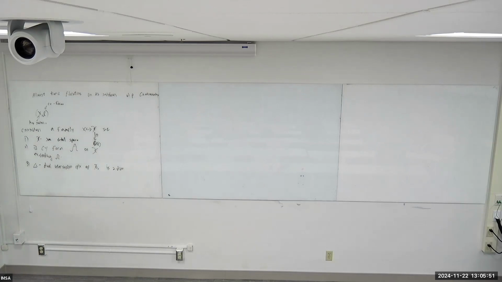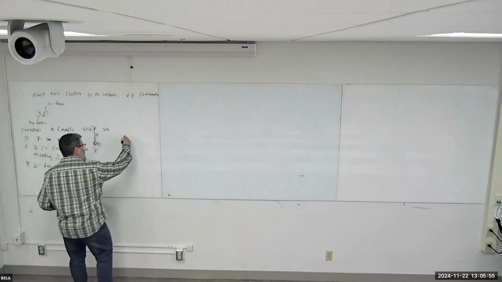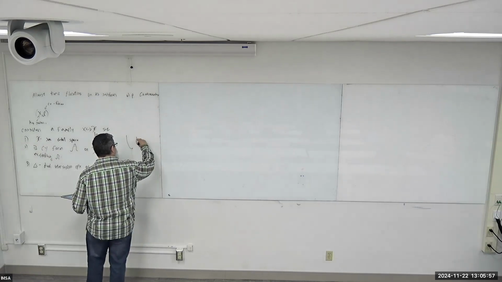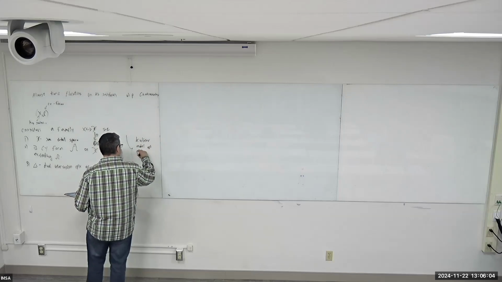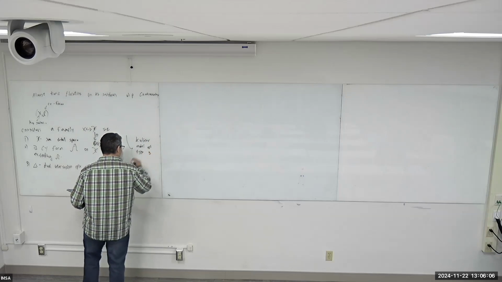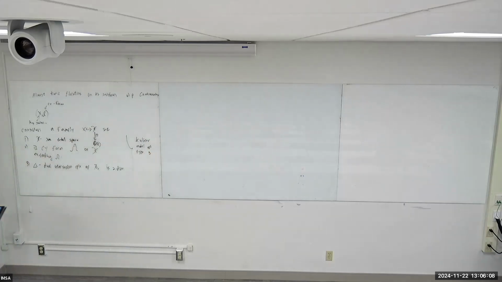When you have this setup, this is called the Kulikov model of type 3, or also a maximal degeneration. And the minimality comes in the second condition, the fact that this dual intersection complex is two-dimensional.